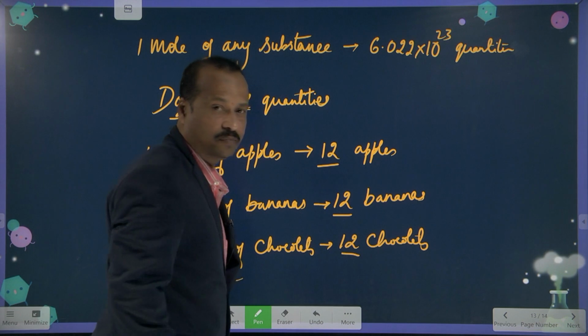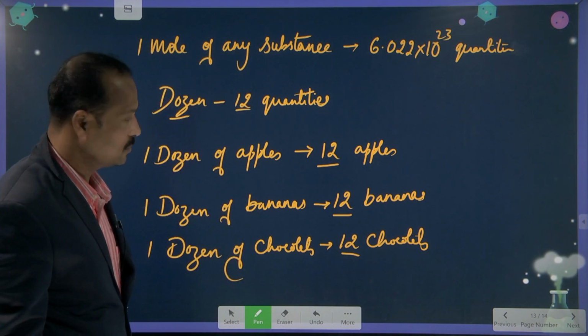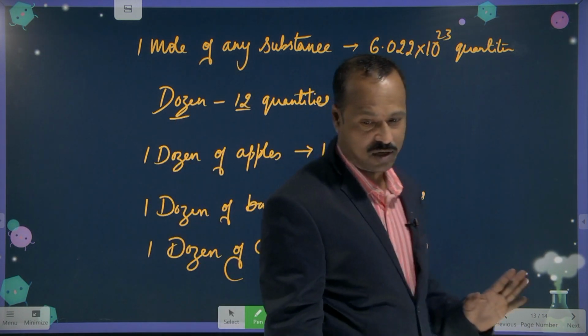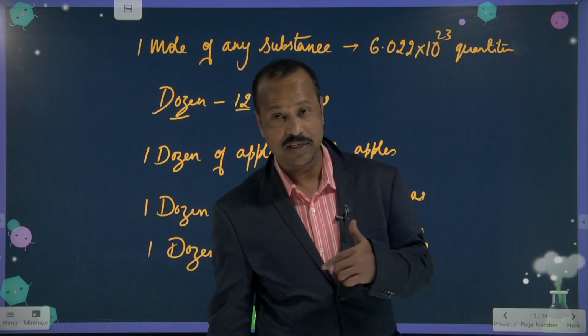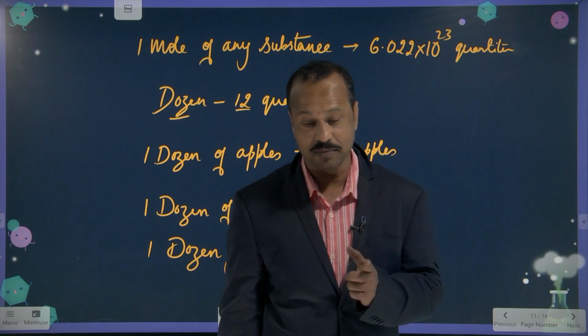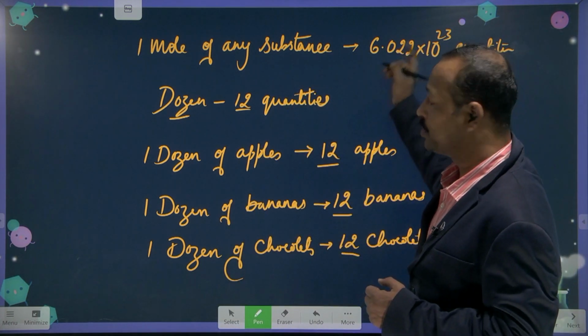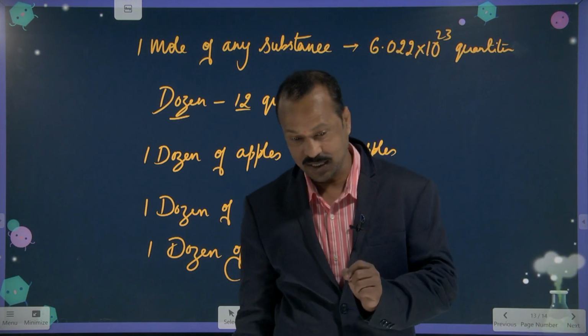Is this clear to you now? So 1 dozen means 12, that's all. Similarly, 1 mole means, in terms of atoms, 6.022 into 10 to the power of 23 quantities.